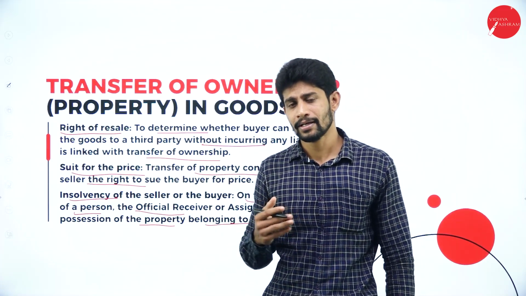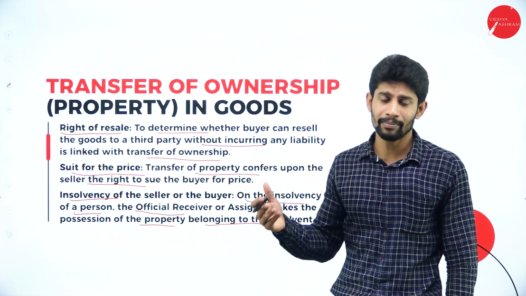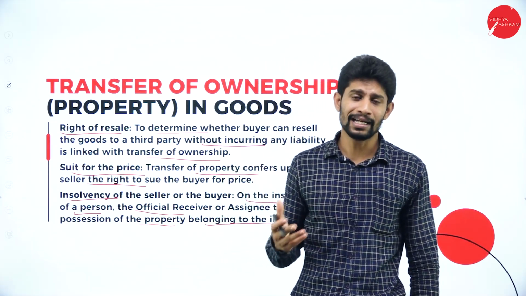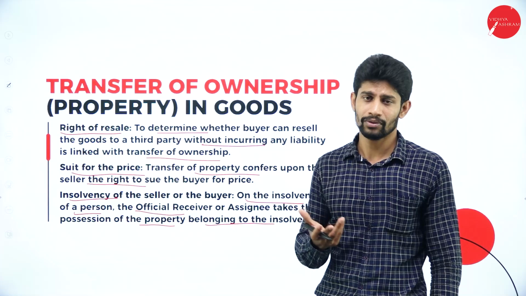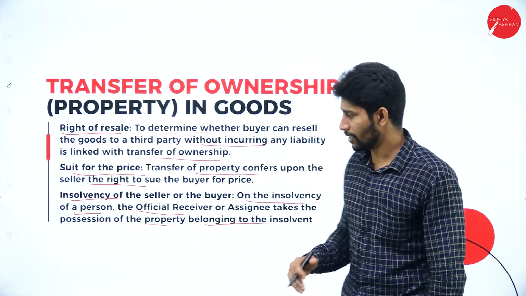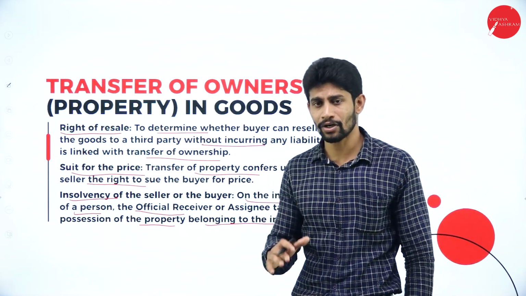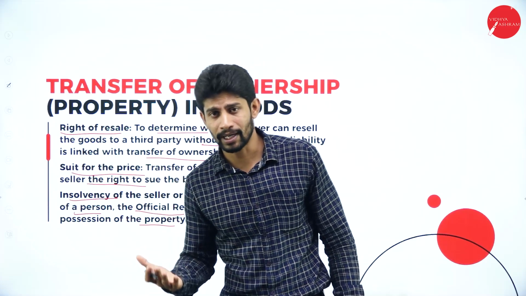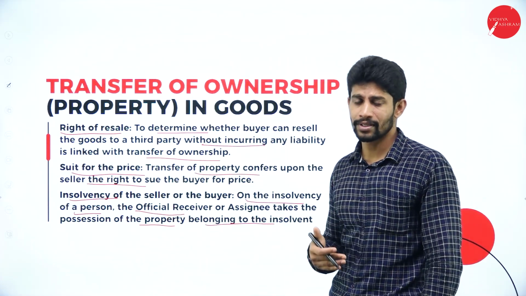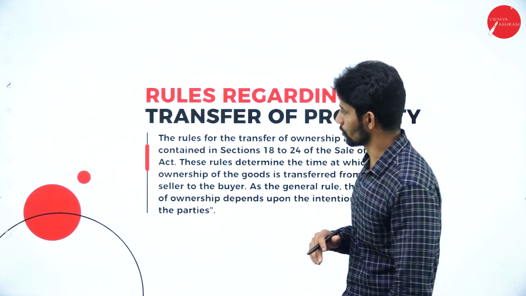Then the seller who sold the product to you will come and take possession of the goods because of the failure in payment. That is the insolvency of the seller or the buyer. If any party fails to pay back the amount they agreed to pay, then the opposite person can take possession of the goods.